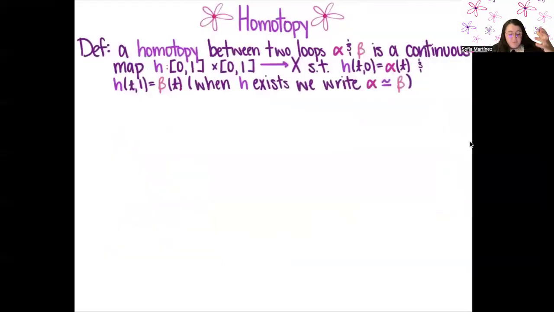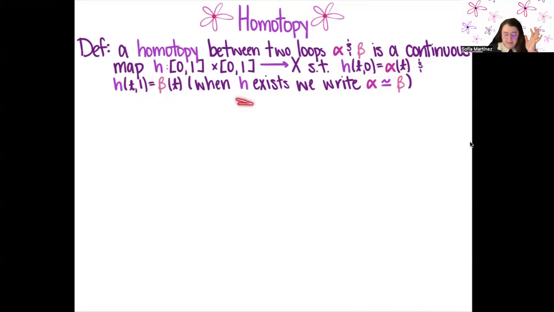So let me define for you what a homotopy is. Really a homotopy is a map, but it's a map between two functions. In this case, we're going to talk about loops. And it's a continuous function from the interval, across the interval, to your space X, such that at interval 0, you're evaluating to alpha, and at interval 1, you're evaluating to beta.